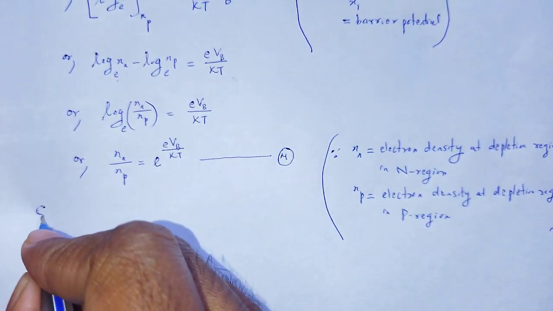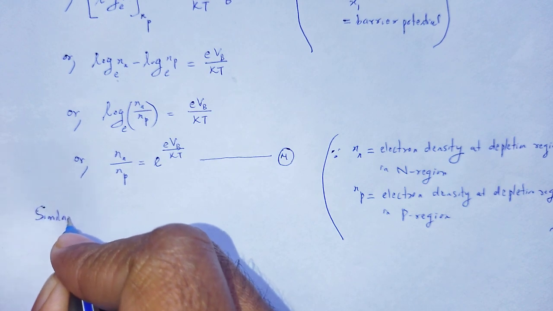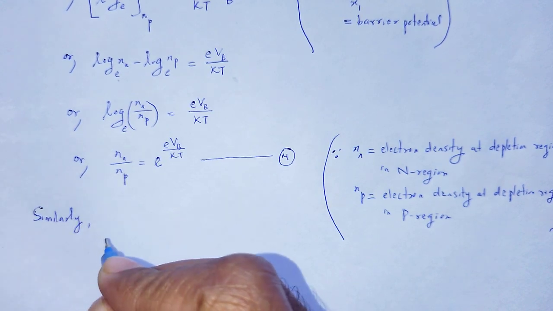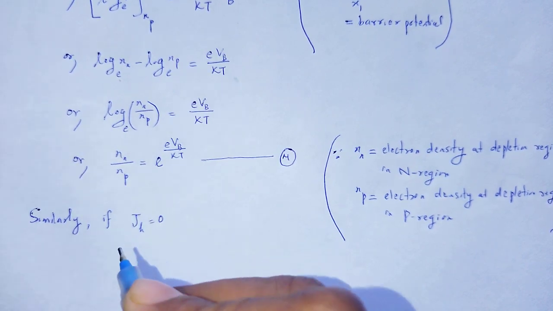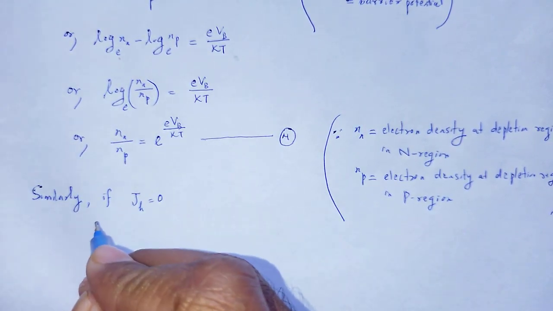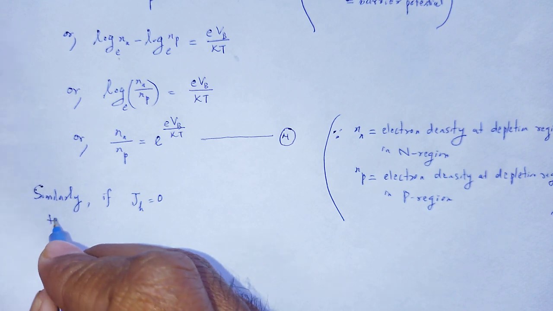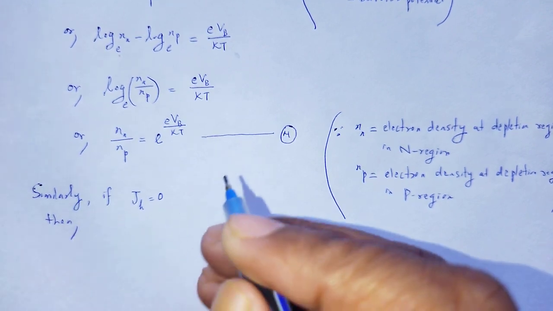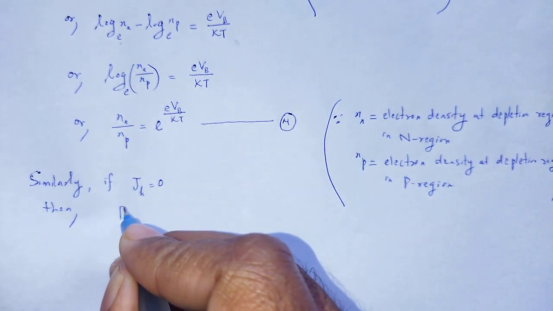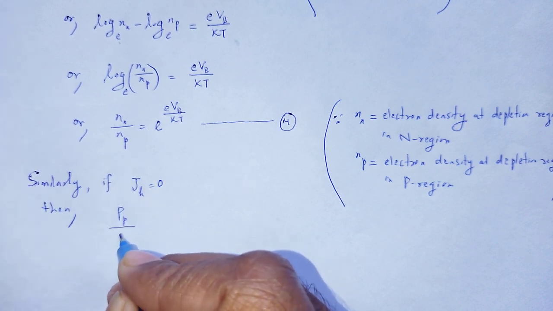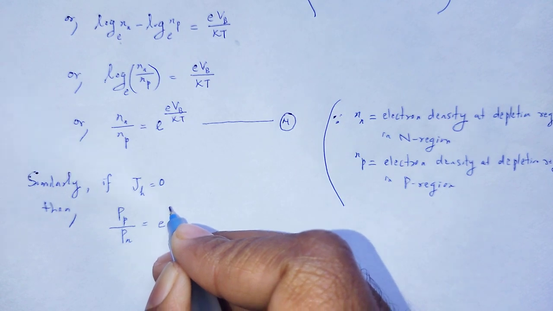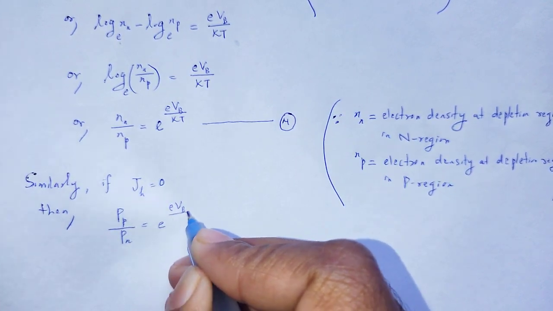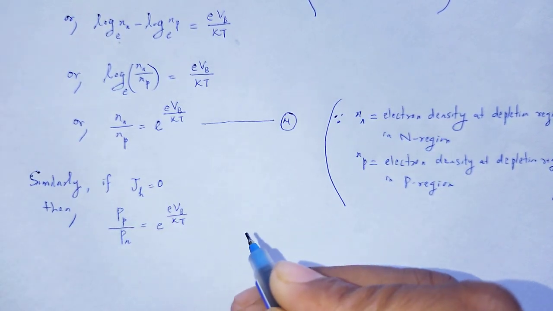Similarly, if J of h is 0, then we get the expression pp divided by pn is equal to e to the power eVb by kT.